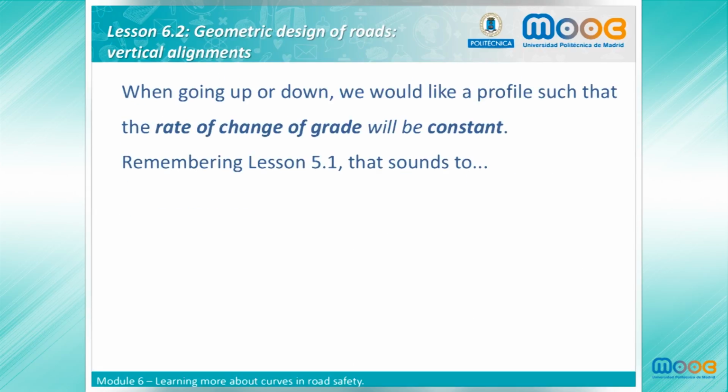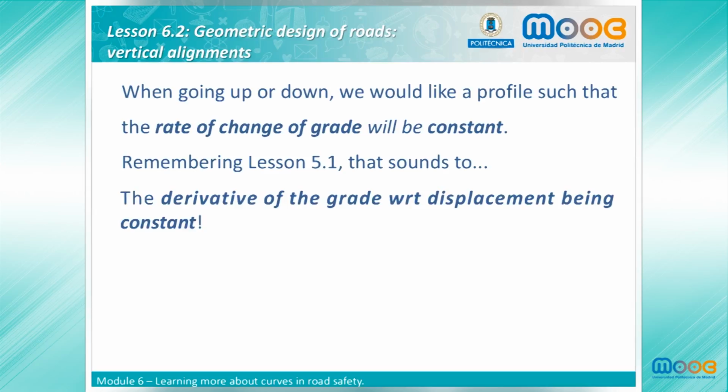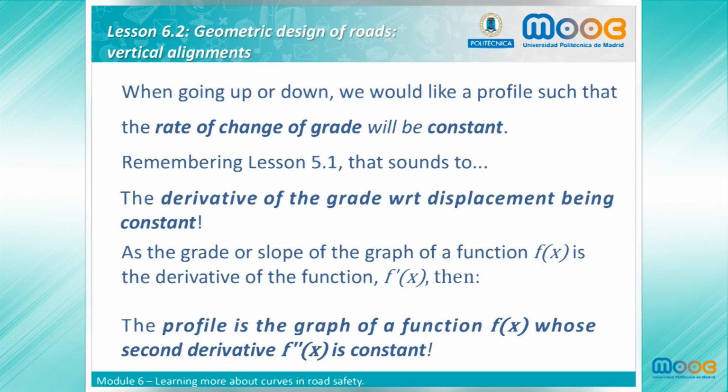When going up or down, we would like a profile such that the rate of change of grade will be constant. Remember in Lesson 5.1 that this amounts to the derivative of the grade with respect to displacement being constant. As the grade or slope of the graph of a function f of x is the derivative of the function, f prime of x, then the profile must be the graph of a function whose second derivative is constant.